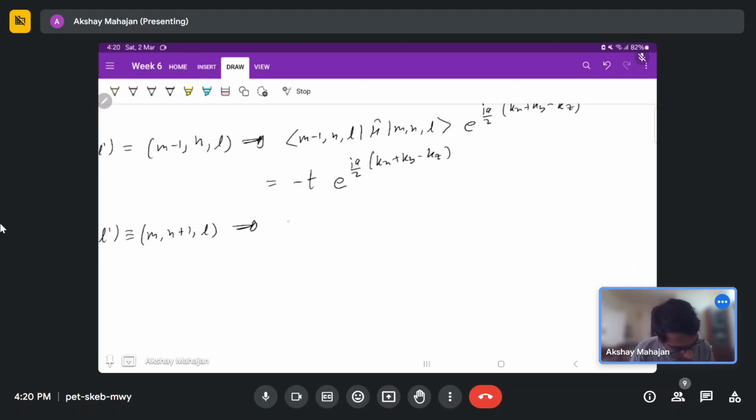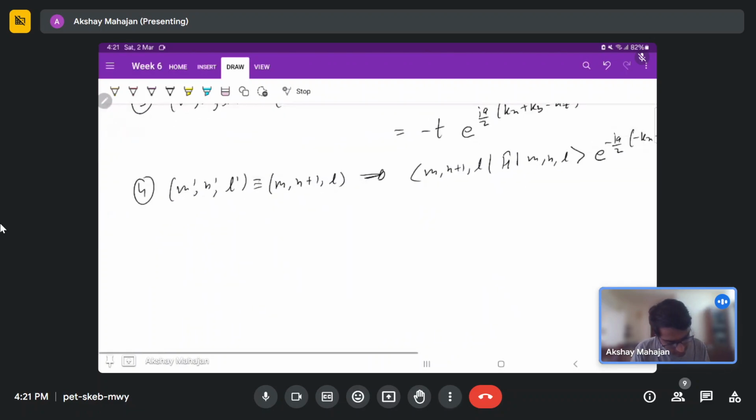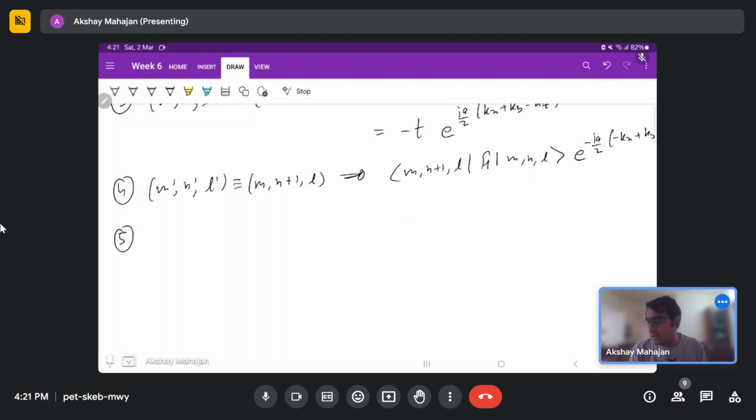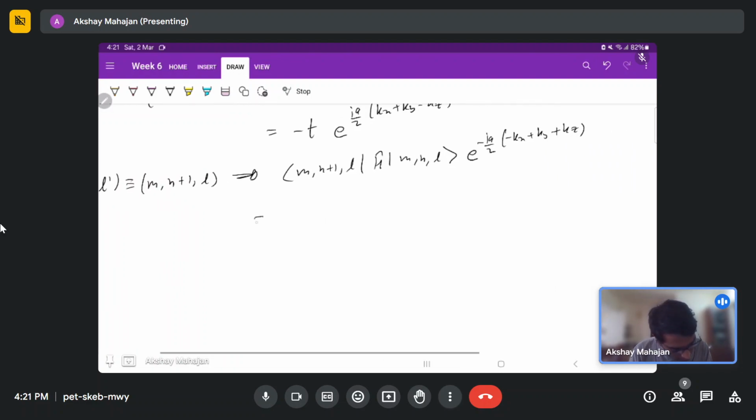So that will be m comma n plus 1 comma l, Hamiltonian m comma n comma l, times e to the power, the m and l exponentials will be 1, and the one with n will survive, and it will be e to the minus iota a by 2 minus kx plus ky plus kz. Alright, so this will be equal to again minus t e to the power minus iota a by 2 minus kx plus ky plus kz.